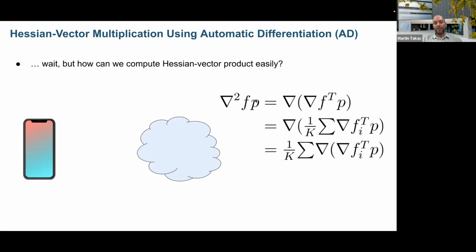Because the Hessian vector product is nothing else but computing the gradient of this number. Again, this is my gradient, and I compute the dot product between the gradient and the vector itself. So this is just a scalar. I can compute the gradient one more time, which will turn out to be the same stuff. I can use, again, PyTorch automatic differentiation. I can compute the Hessian vector product with the cost of only 2 gradient computations, okay? So this is not really the issue.